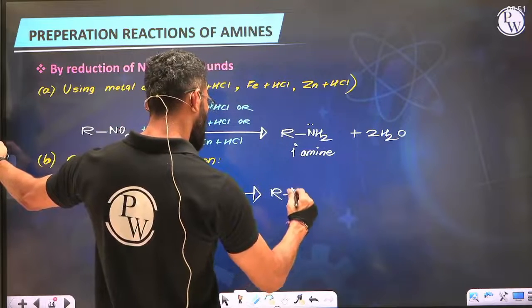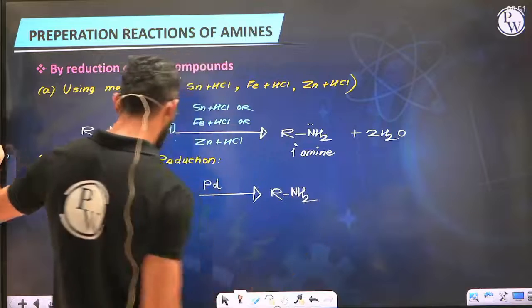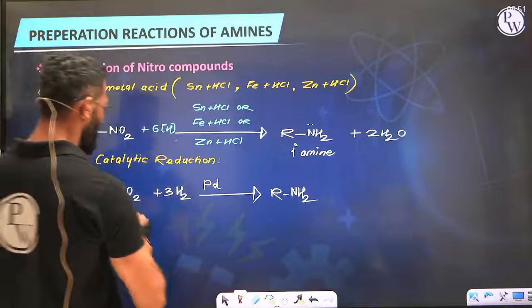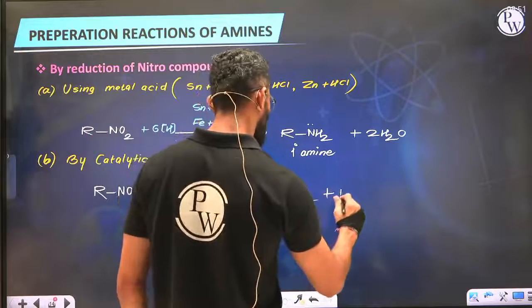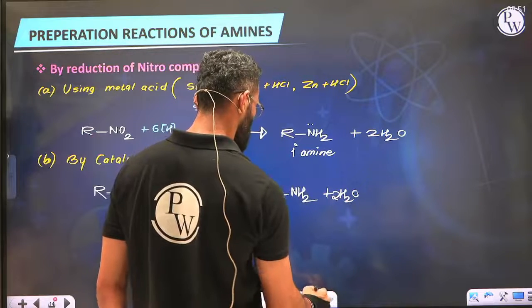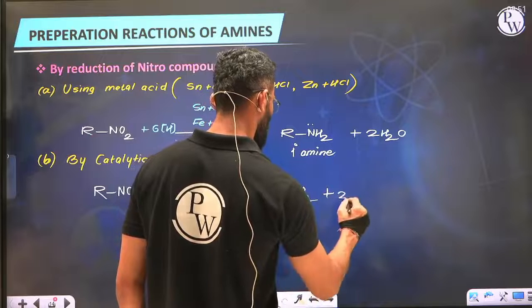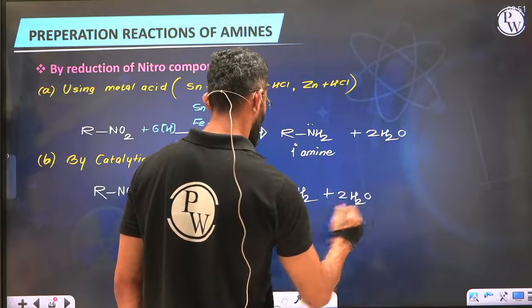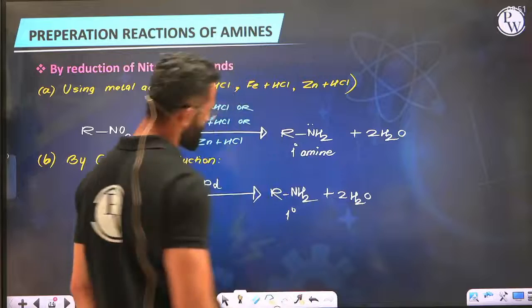So we are getting RNH2 and the remaining O is eliminated in the form of water. So let's write it down as 2H2O. So here we've got a primary amine.